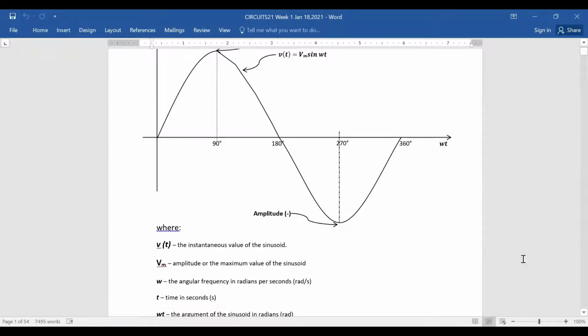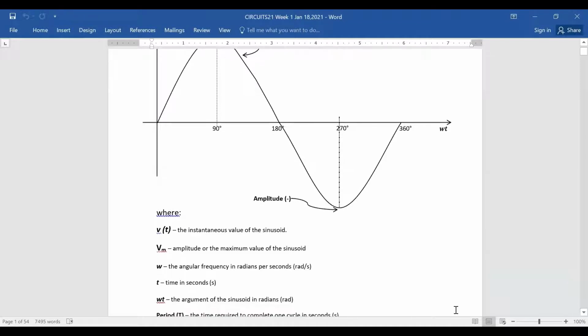And the omega here corresponds to the angular frequency or radian frequency, and the unit is radian per second. And the t here corresponds to the time in seconds. Then if we multiply omega to t, it gives us what we call the argument of the sinusoid, in radian.